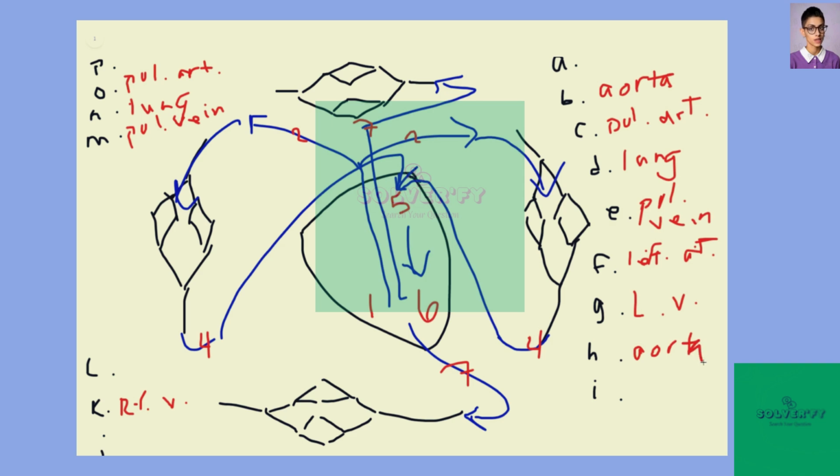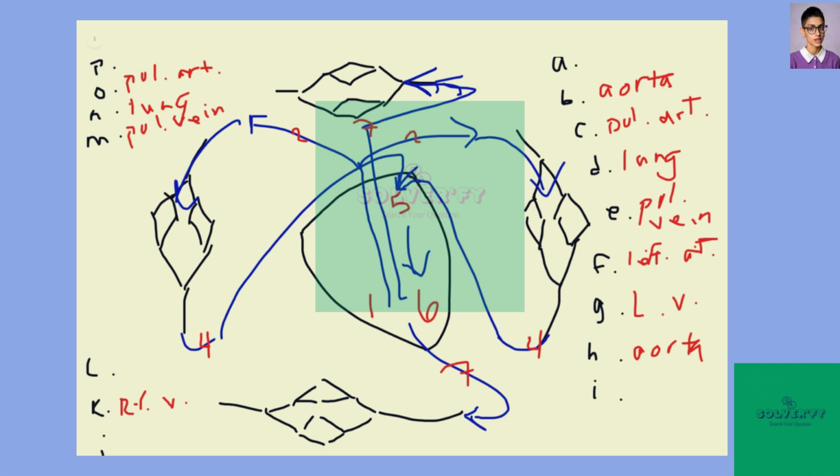All right, so now this oxygenated blood is going to feed your tissues. Like we said, we have some of the blood that's going into the head, chest, and arms, which is going to be up here. So this one is for head, chest, and arms.